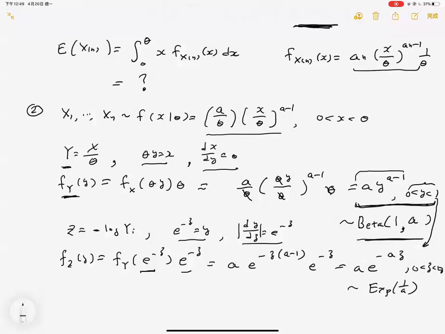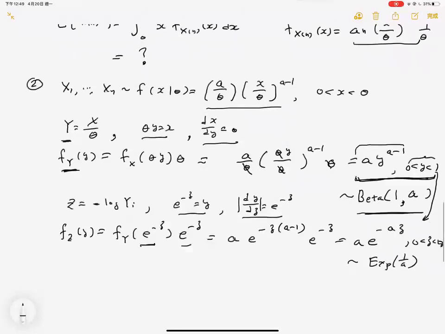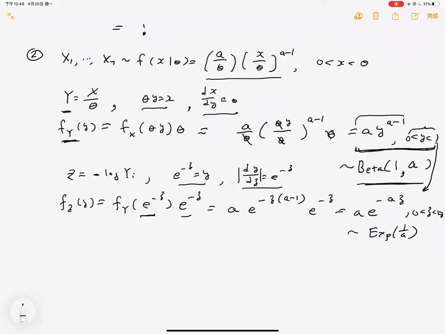By doing so, you will know that the summation of zi follows, again, gamma with n and 1 over a. And you might even also write that z bar follows gamma with n and 1 over a n. You could do so as well.